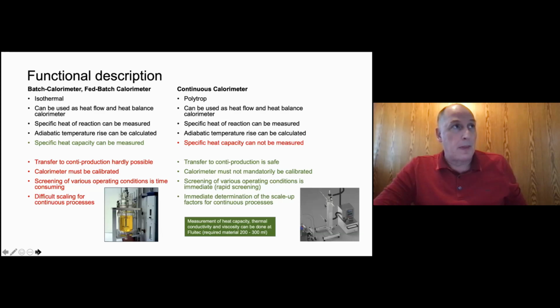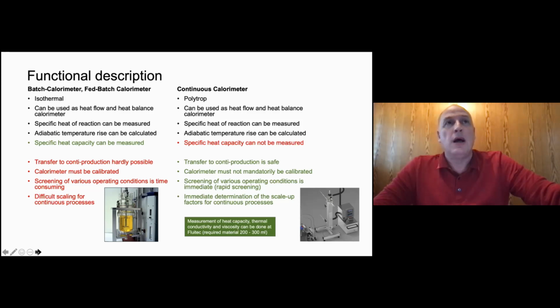But what we found out in the last 10 years was that sometimes we really had problems in scaling up a reaction. Not due to the fact that we have standard equipment, they work quite well, but sometimes the client had a real problem because he didn't know so much about the reaction.